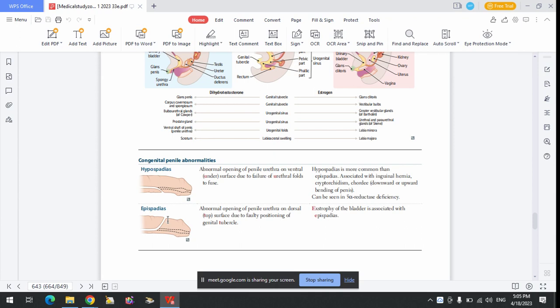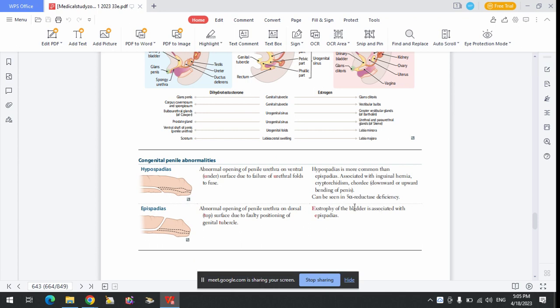So the associations I share with hypospadias are indirect inguinal hernia, cryptorchidism, and chordee, that is a bending of the penis, either upwards or downwards. And you remember that 5 alpha reductase is involved in development of our external genitalia by forming DHT.